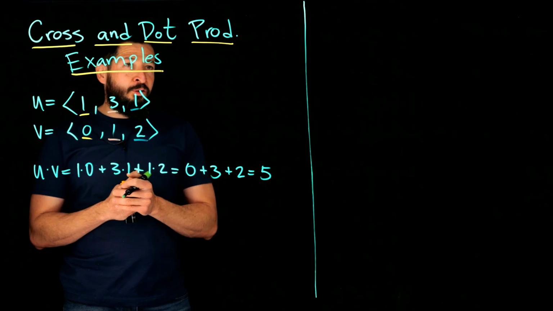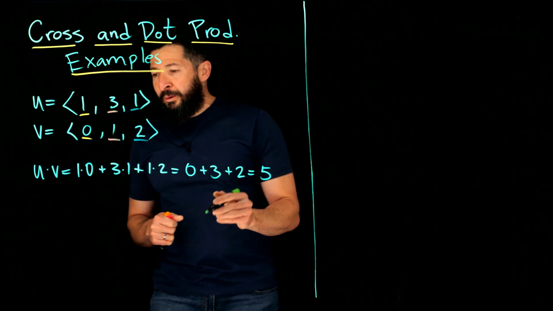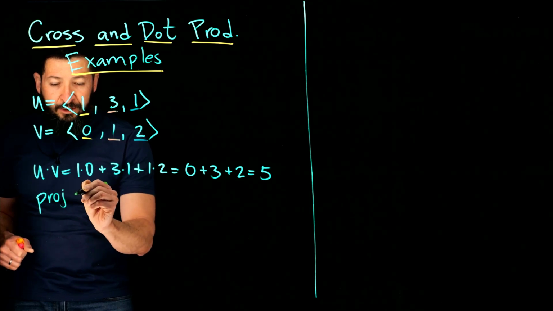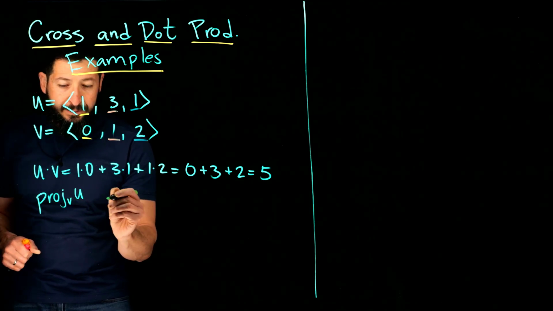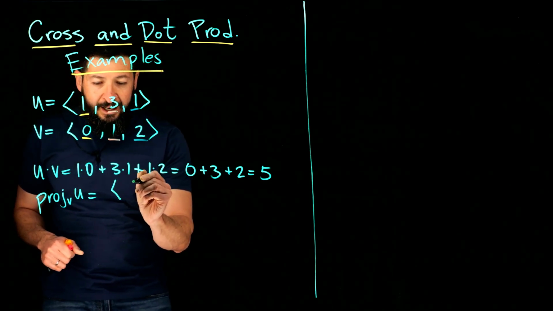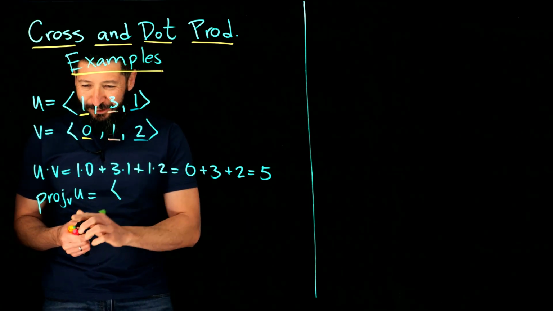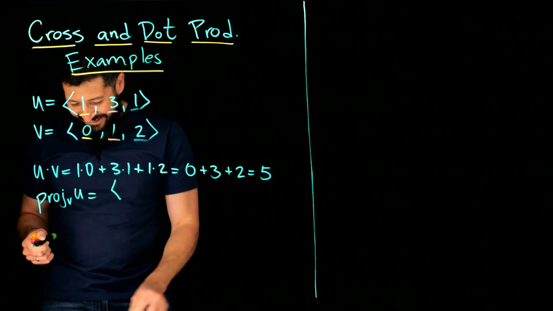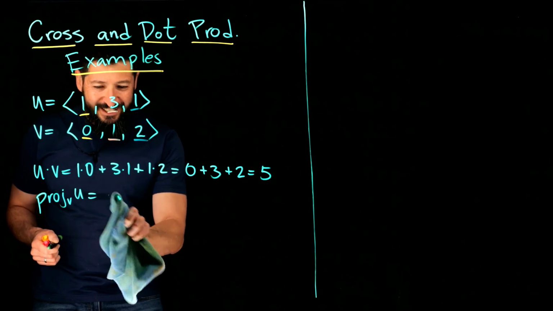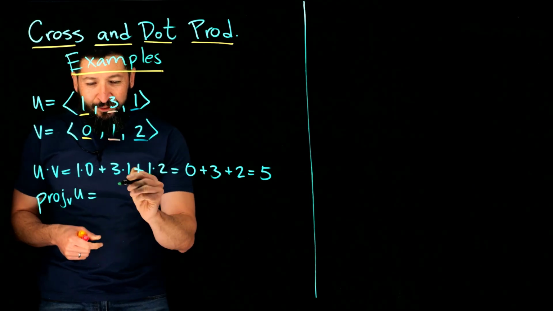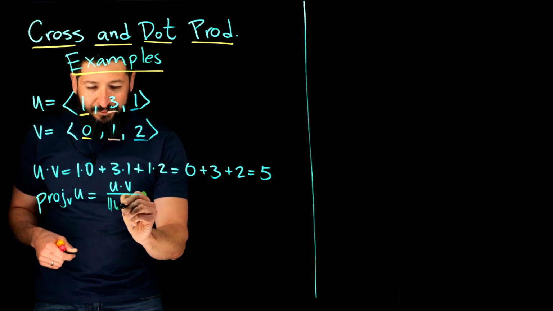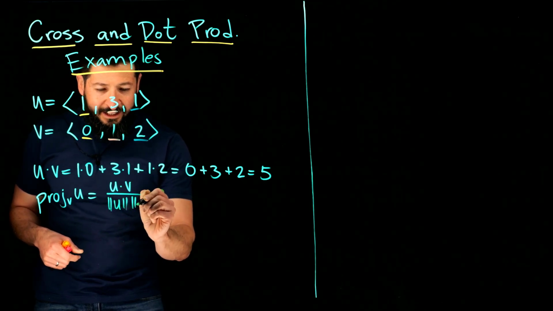Now, we can do something like looking at what would be the projection of u onto the vector v. Well, remember the formula for that. It's u dot v over the length of u times the length of v.